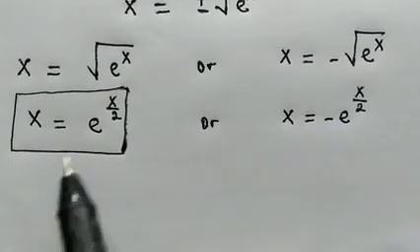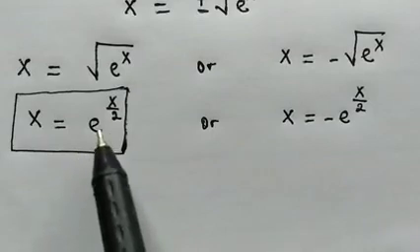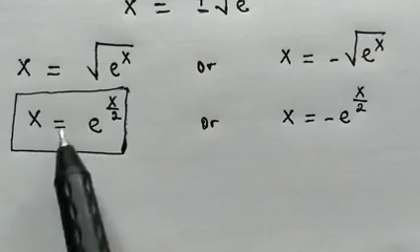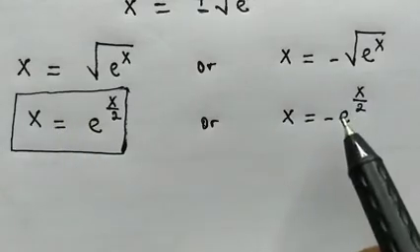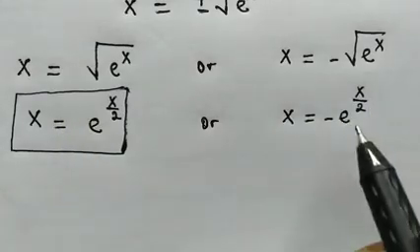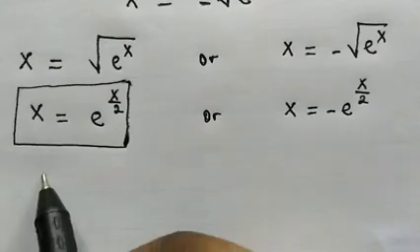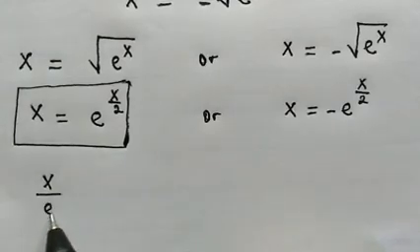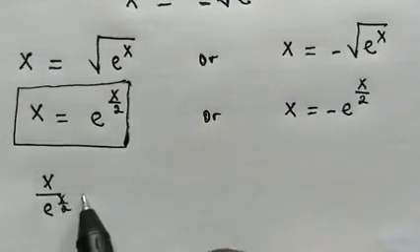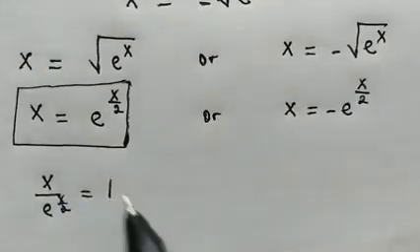Now, in our next step, let us divide both sides by e to the power of x over 2 in this equation, and for this part by negative e to the power of x over 2 on both sides. So the left hand side will become x divided by e to the power of x over 2. This will be equal to 1.